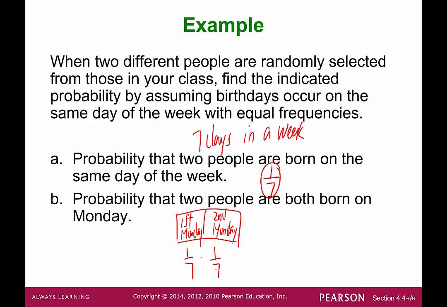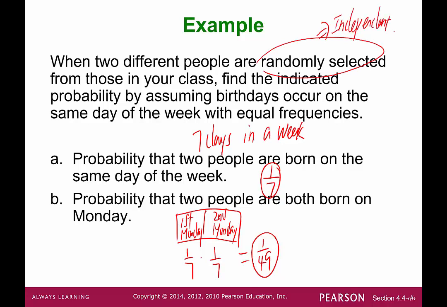So it turns out to be 1/49. That's the probability. Those two people are randomly selected, so they are independent. They are not related. They have no impact on each other.